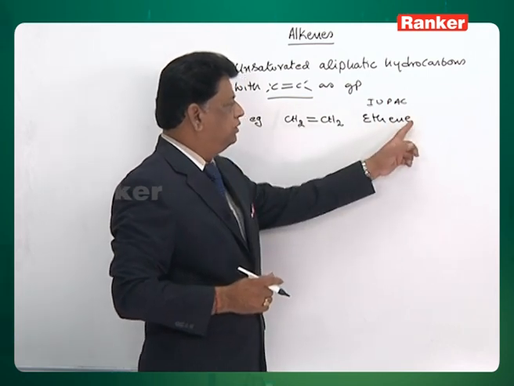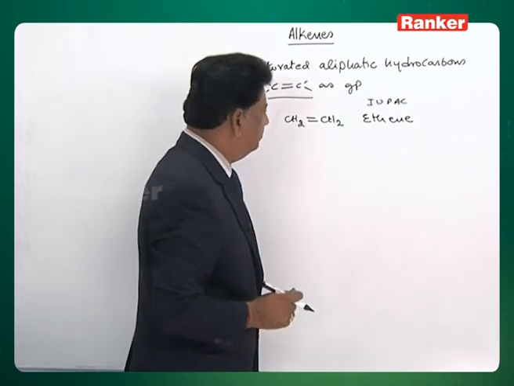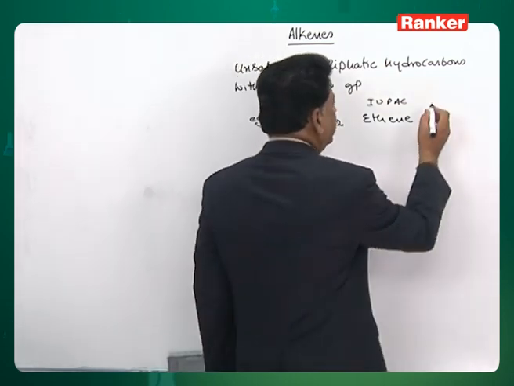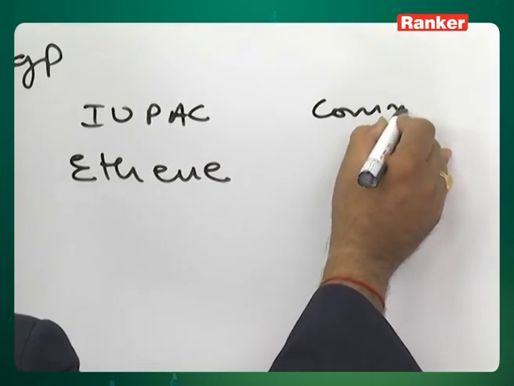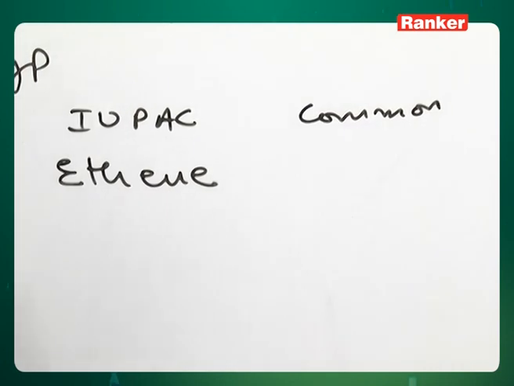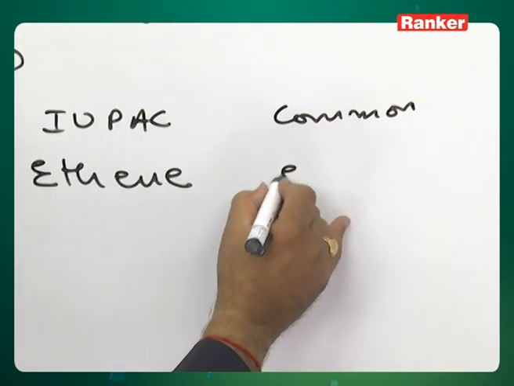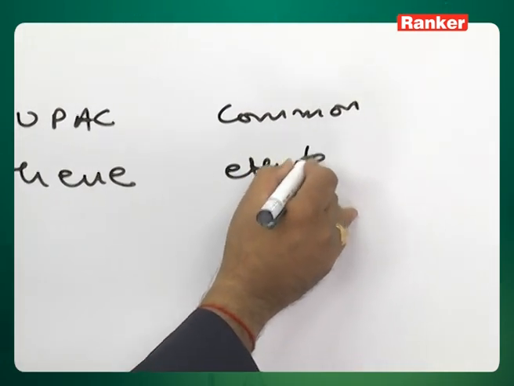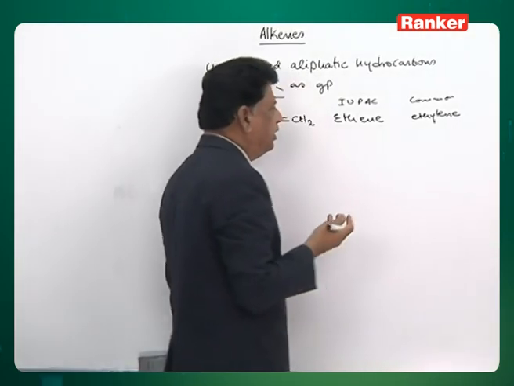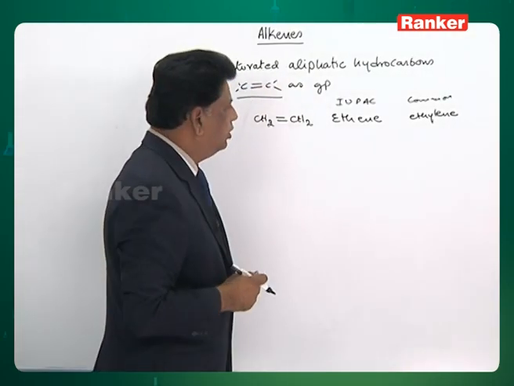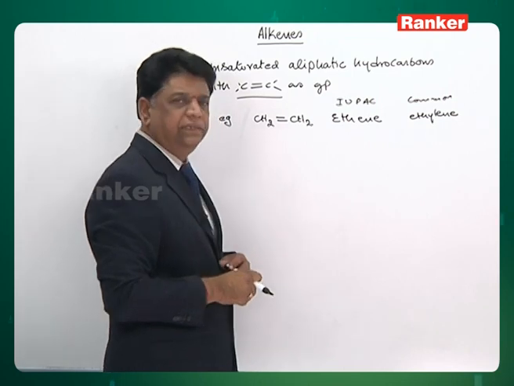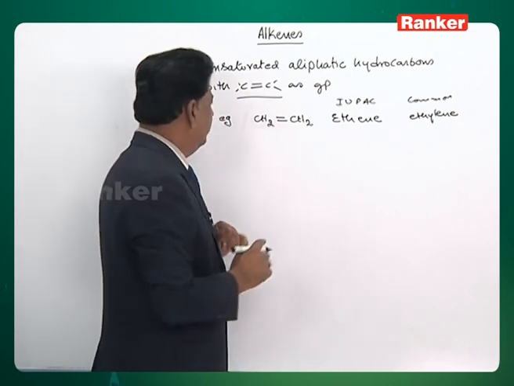There is no other functional group, therefore E is there. And the common names are also there for some compounds, like this compound is also known as ethylene. This name came much prior to the IUPAC system.